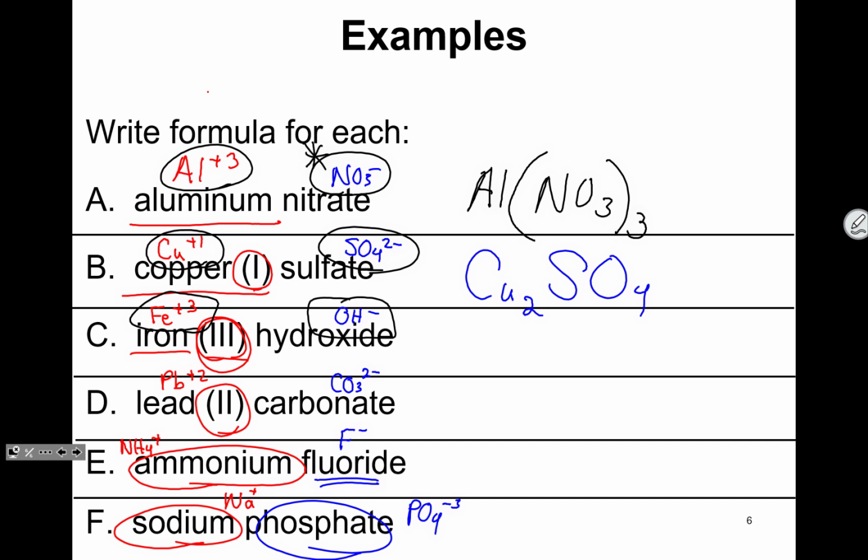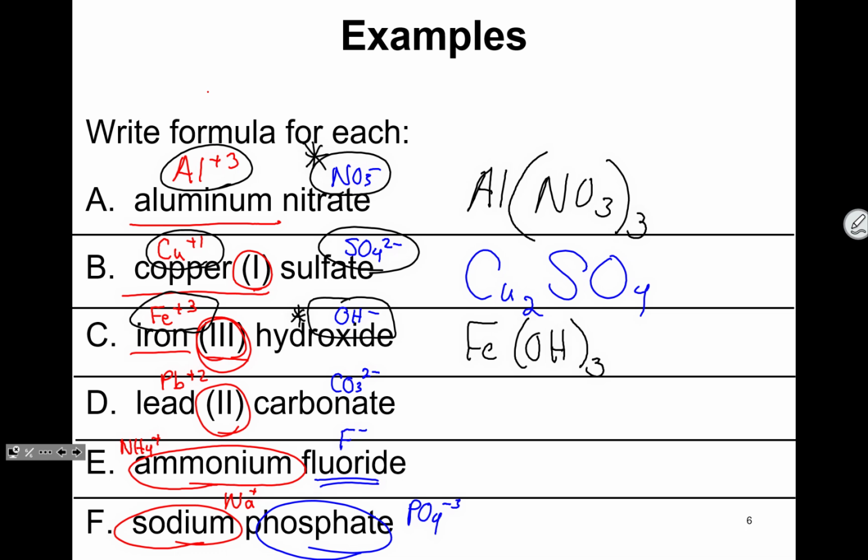We have a -1 here. So I'm going to need 3 of these hydroxides to balance that charge of the +3. So it's going to be Fe, 1 of those. I'm going to need 3 hydroxides. So it's going in parentheses, and this subscript illustrates how many there are. So Fe parentheses OH subscript 3.